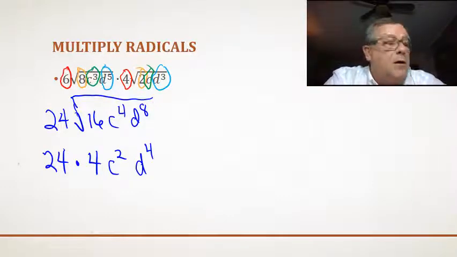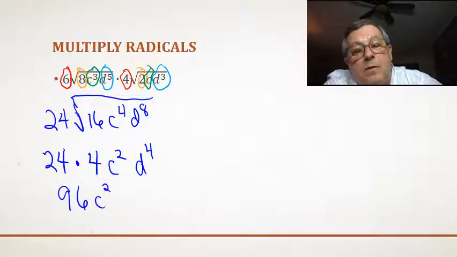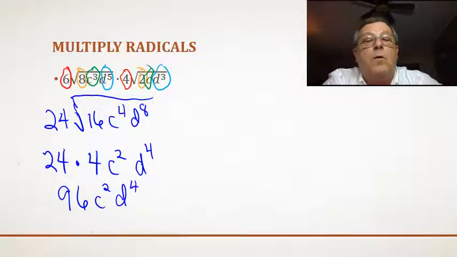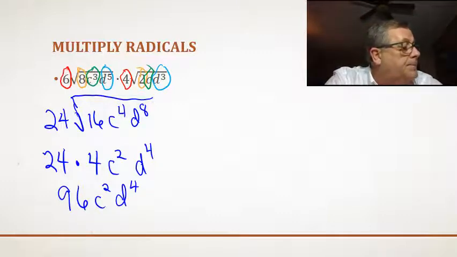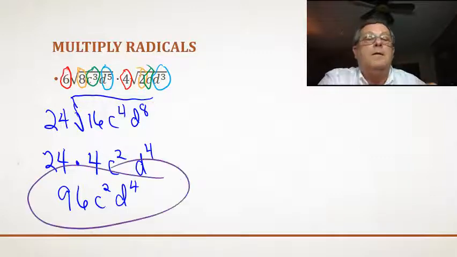All right, let's see. And then I got 24 times 4. 24 times 4 is 96 c squared d to the 4th. And we've actually multiplied that radical. There you go. There's the answer. All right, not too bad. Let's look at one more.